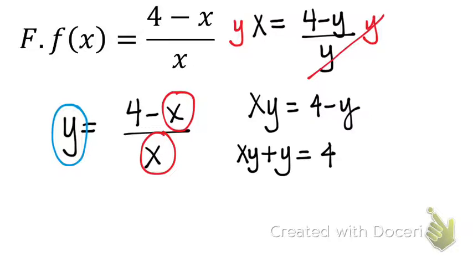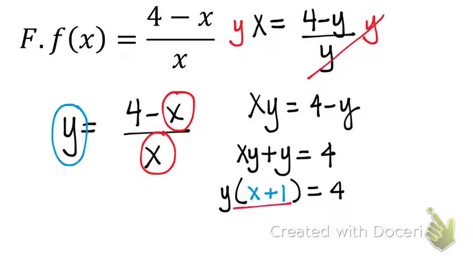Now that they're on the same side, we can factor out a y. And when you factor the y out, what do you think we have left when I factor a y out of these two? X plus 1. Good job. So we have y times x plus 1 equals 4.